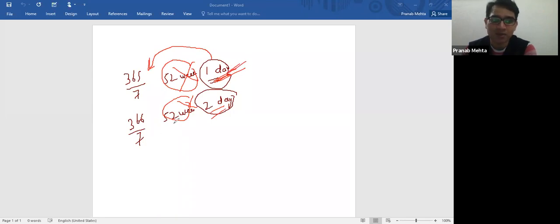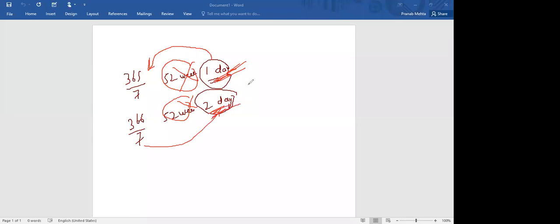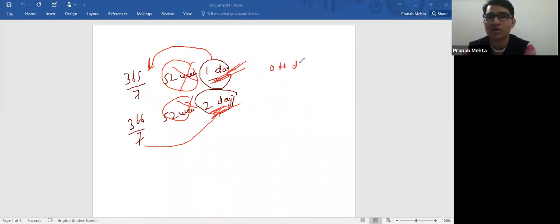And if it is a leap year, 366 is a leap year, how many extra days does it have? Two extra days. In some books, it is mentioned as odd days. So a normal year will have 1 odd day and a leap year will have 2 odd days. You have to remember this and keep it in mind. Is this part clear once again? Any doubt here?